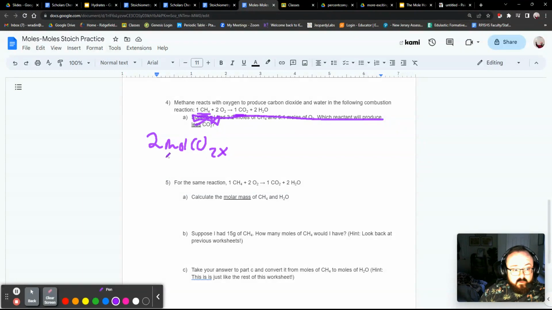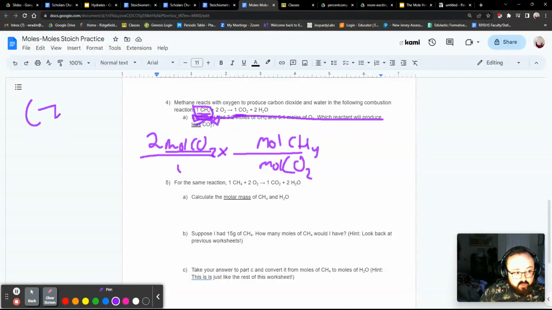Well, keep my 1 here. Again, mole CO2, mole CO2. And let's say I want methane, I want CH4. Guess what's going on top? Moles of CH4.